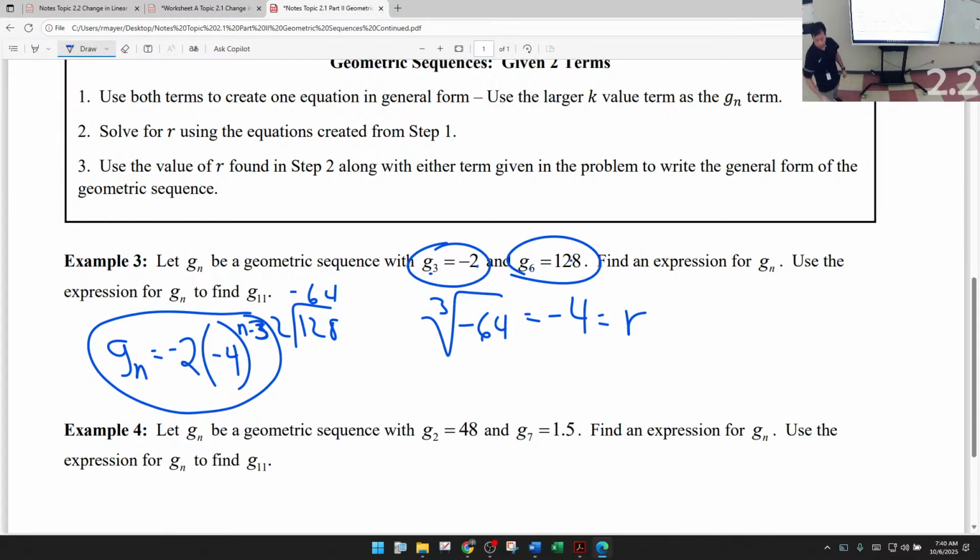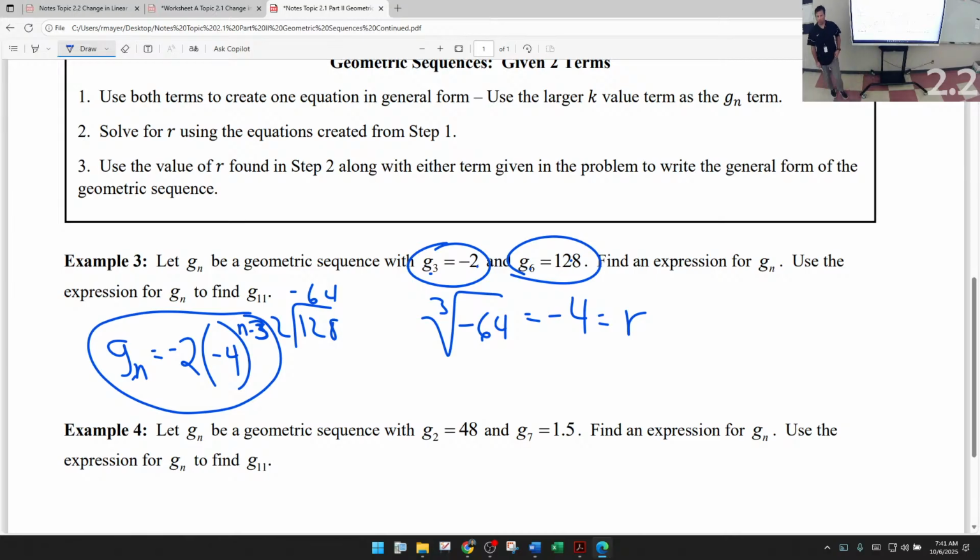Let me check to make sure. I'm going to plug in 6. So 6 minus 3 is 3. So I got negative 4 to the third times negative 2, which is 128. I was checking this one to make sure it worked.